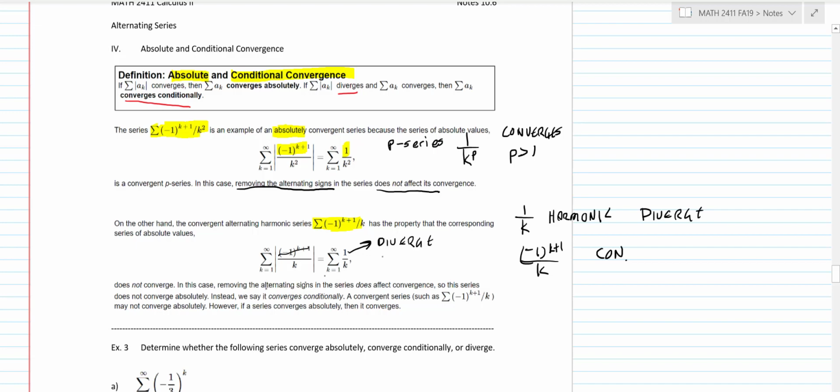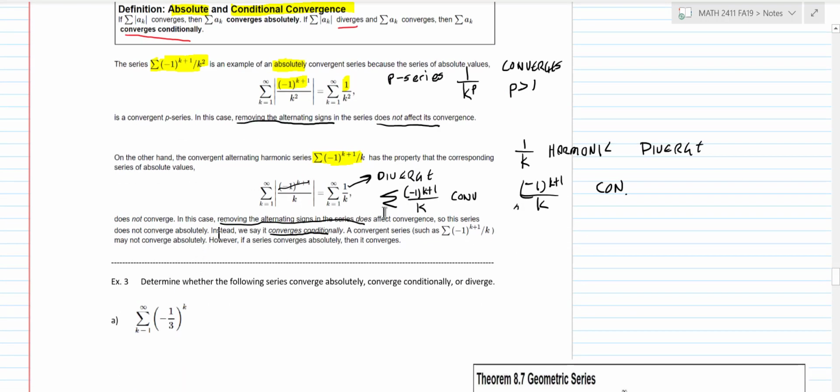However, the original series, the series (-1)^(k+1) times 1/k, which is a convergent alternating harmonic series, would converge. Therefore, we would conclude that this one converges conditionally. So we know the series of absolute values diverges, but the original series converges, so we conclude that it converges conditionally. One way to look at that is the alternating signs: if you remove them, it does affect the convergence. So that series is considered to be converging conditionally.